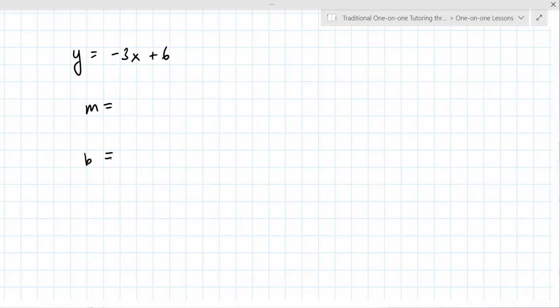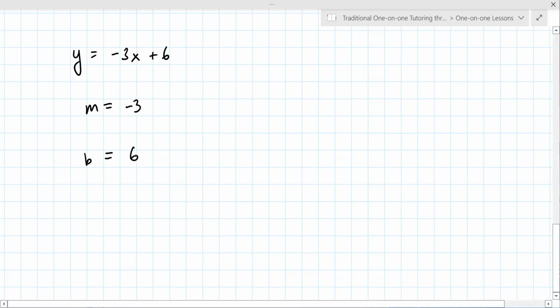The slope, the m, is -3 and b is 6. Good.